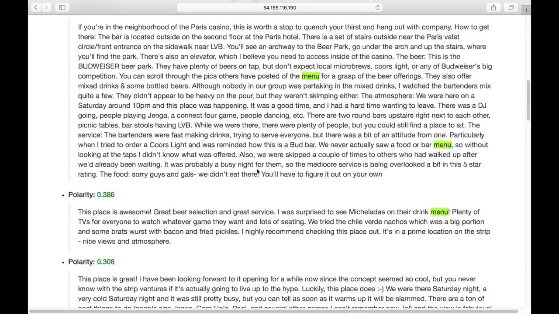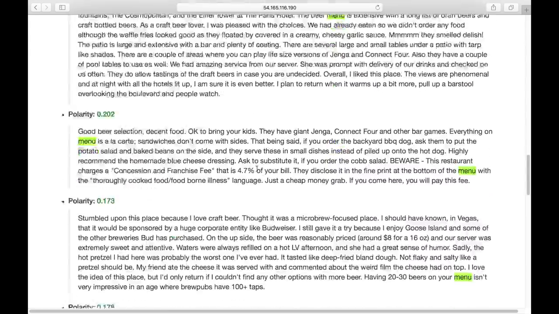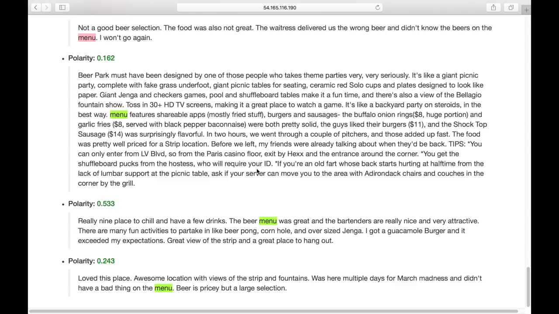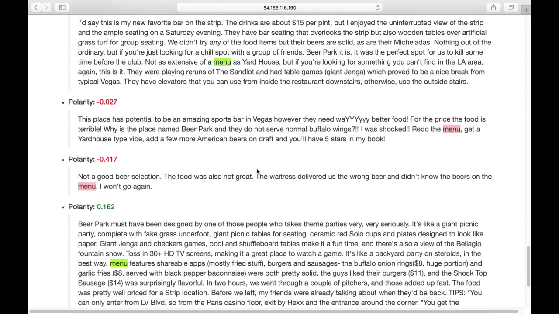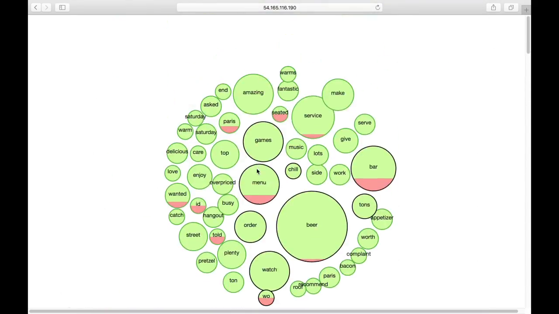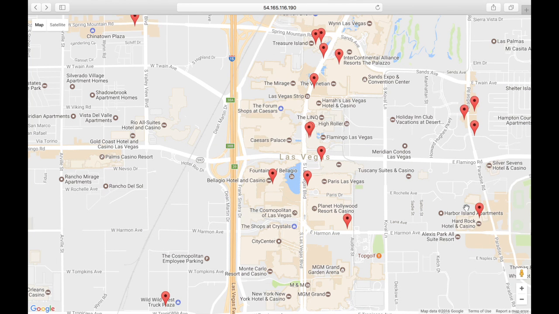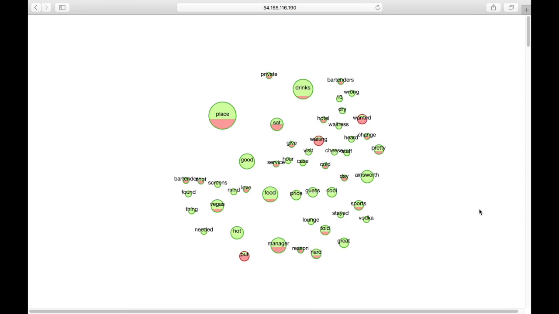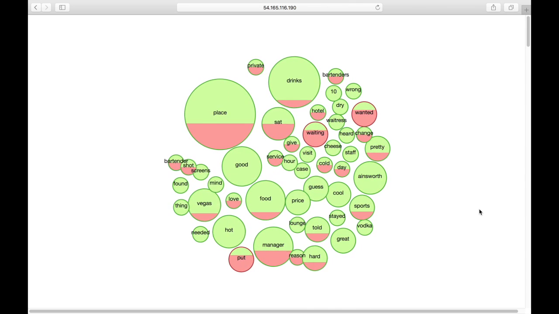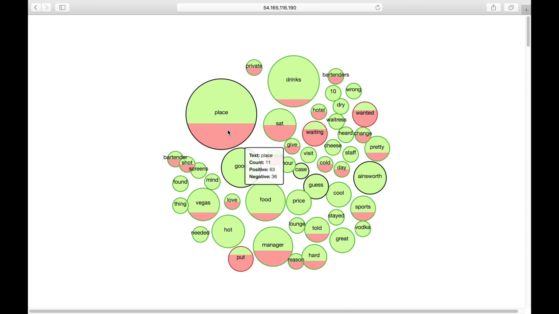How about its menus? Well, we can see the menus are pretty good, although there are some reviews where the menus are not so good. Alright, let's see any other. Whoa, this is not a very good restaurant. Well, the food is not too shabby.